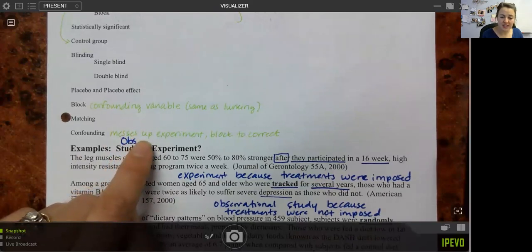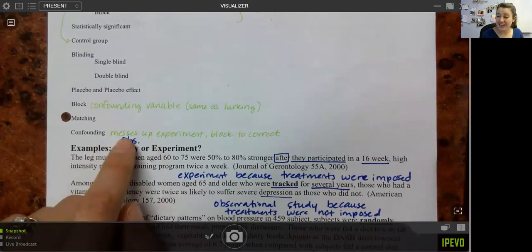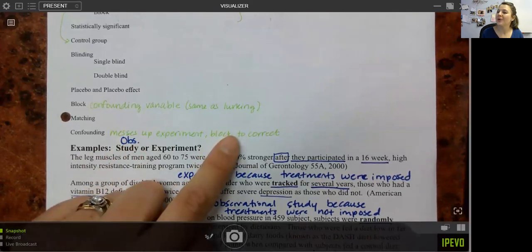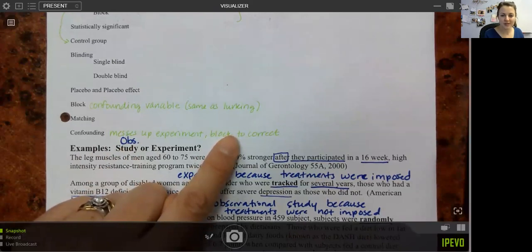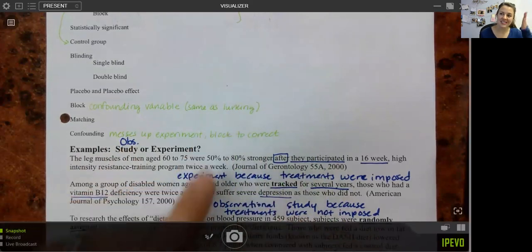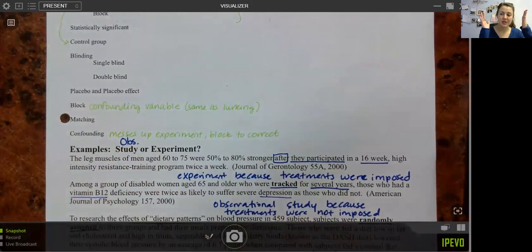If you find that you have a confounding variable, it does mess up your experiment, but in order to fix it, all you have to do is block on that variable and you'll get even better results. So again, very similar to a lurking variable, because it's not the explanatory and it's not the response, it's something else underneath that's distorting your data.